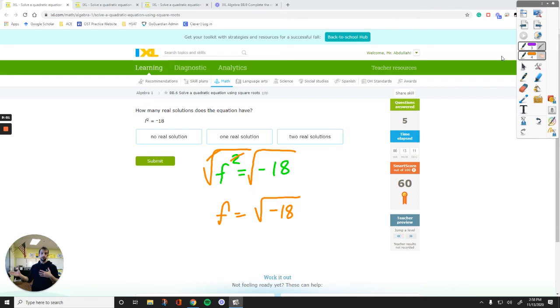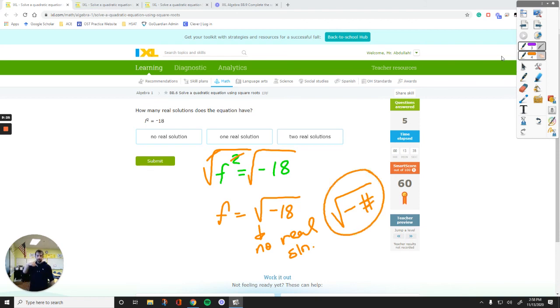This is going to lead you to complex numbers, which you will learn in the 11th grade when you take Algebra 2. We don't deal with complex numbers in Algebra 1, so that's a complex number. Therefore, there's no real solution. No real solution, because you cannot have a negative number underneath that square root.